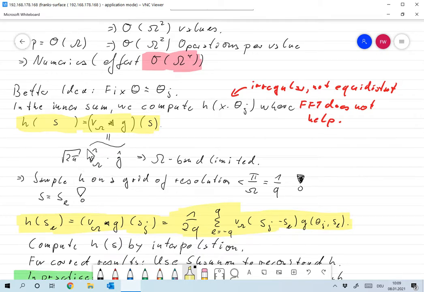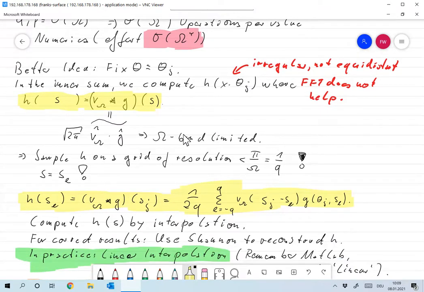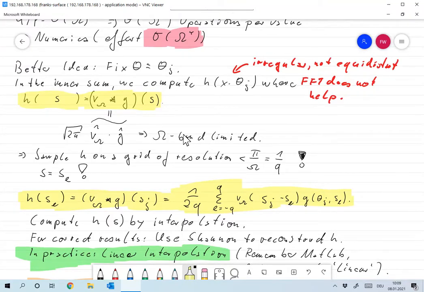And since V omega hat and G hat are omega band limited, obviously V omega convolved with G is omega band limited again. So it doesn't make sense to sample H in very small detail, but it's okay to sample H just on a grid of resolution smaller than pi over omega, which is 1 over q, if we've chosen q according to our condition from point 1.